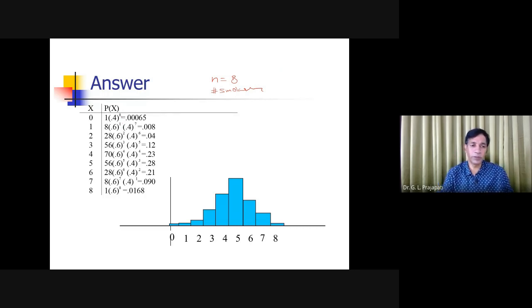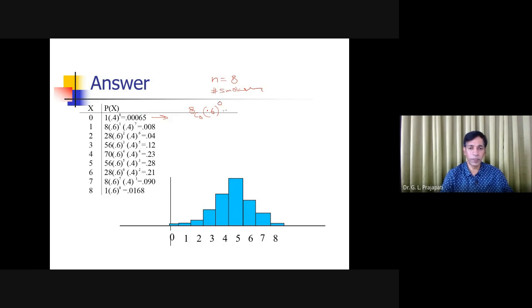So how can you get zero smokers? You have 8C0, since the number of smokers is 0. The probability of success is 0.6, and how many times does success come? 0 times, so 0.6 to the power 0.